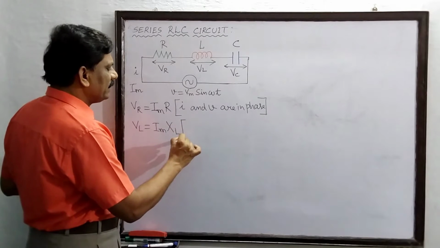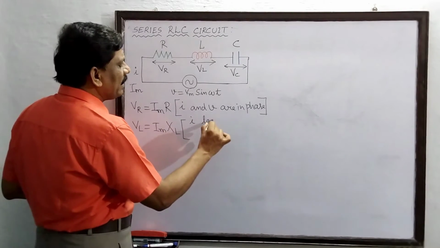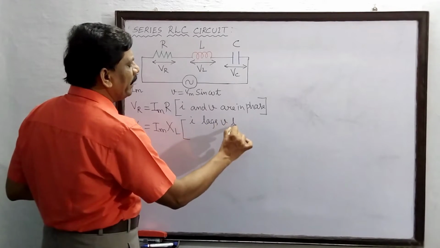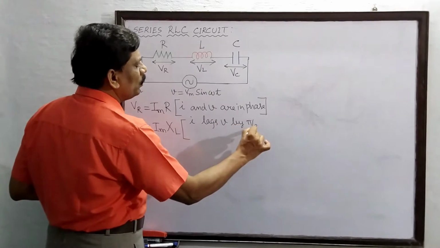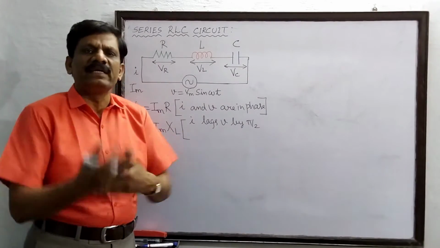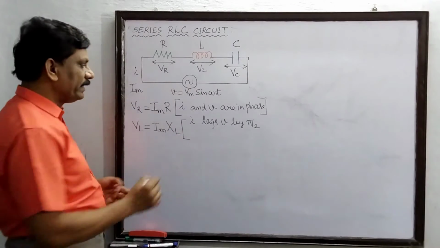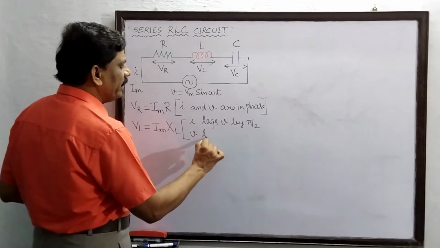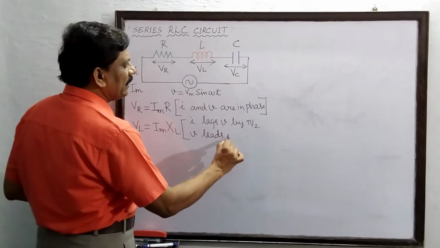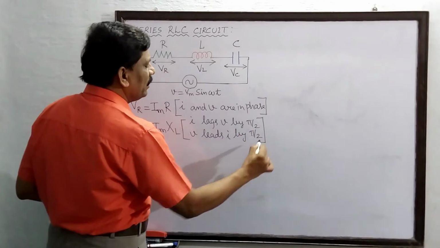We have seen that in this circuit current I lags V by a phase angle pi by 2. When the current is lagging behind the voltage, I can also say that the voltage V leads the current I by the same phase angle pi by 2. Both are one and the same.